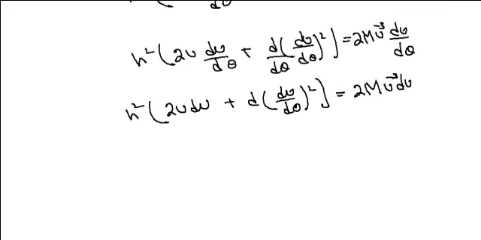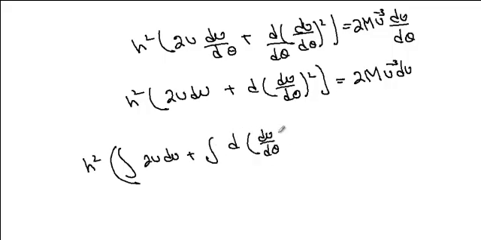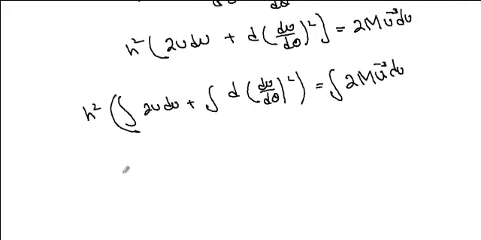Now let us integrate both sides. The integral of 2u du gives u square over 2, and the 2 cancels out, so this becomes u square.